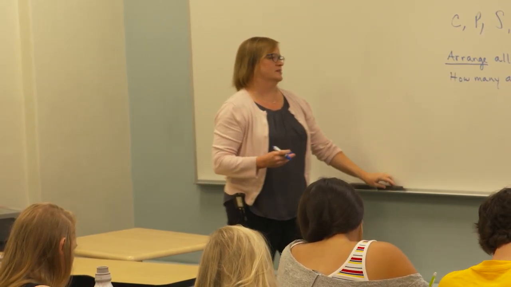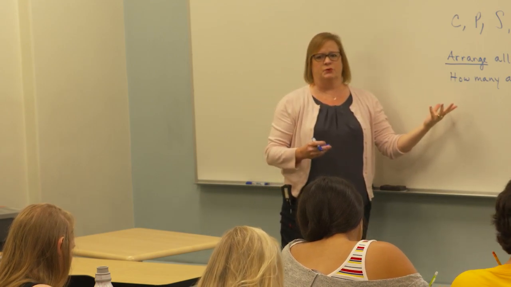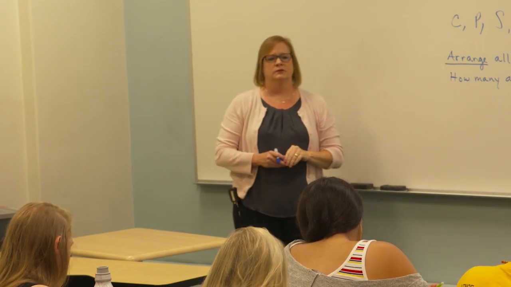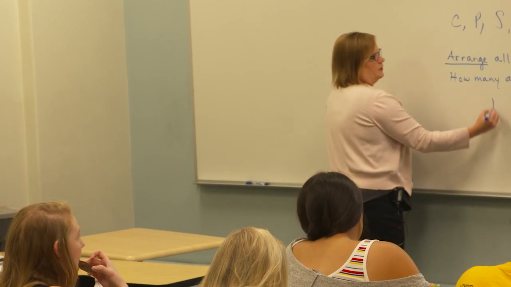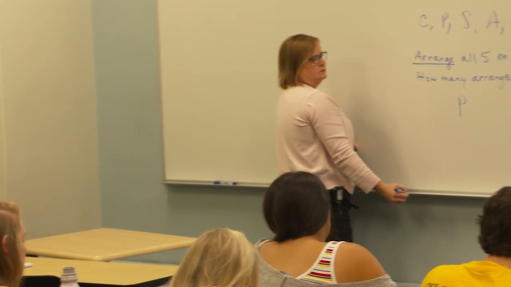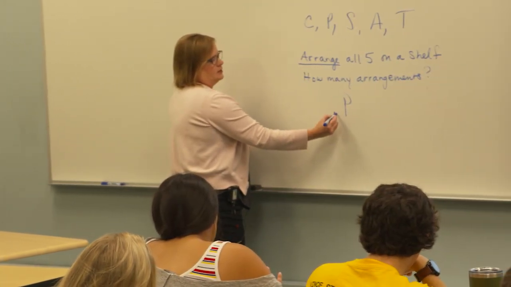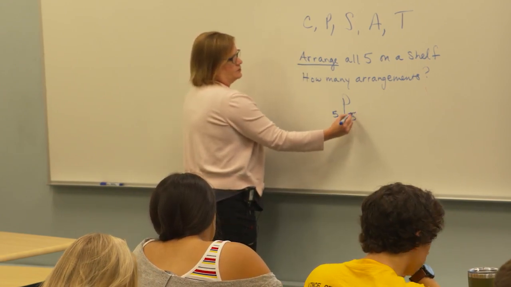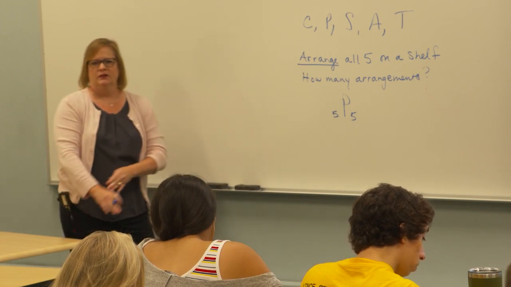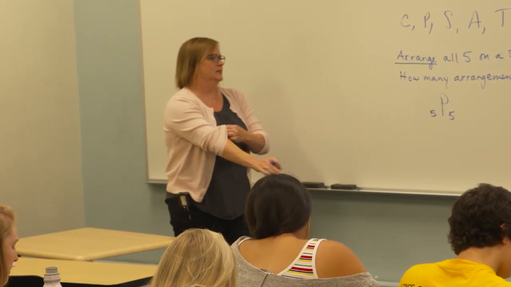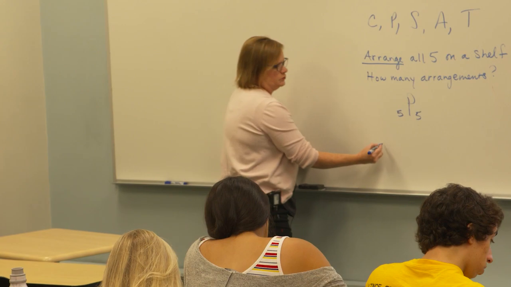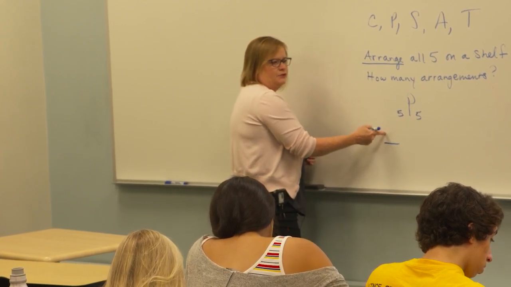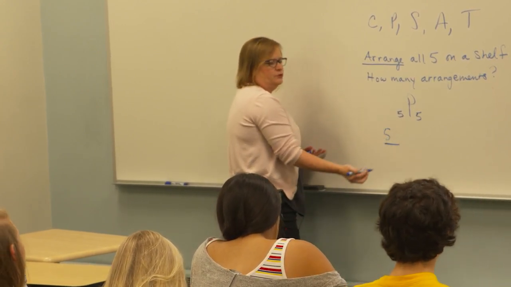If I told you, since it's arrangements, since order is important, I want to do it with a permutation, then how many do I have to choose from? 5 books. How many do I want to arrange? All 5, yeah. So that's how it would look with permutation. Although you would have that other option, right? Multiplication rule, you're just looking at the first spot on your shelf and you have 5 books to choose from.